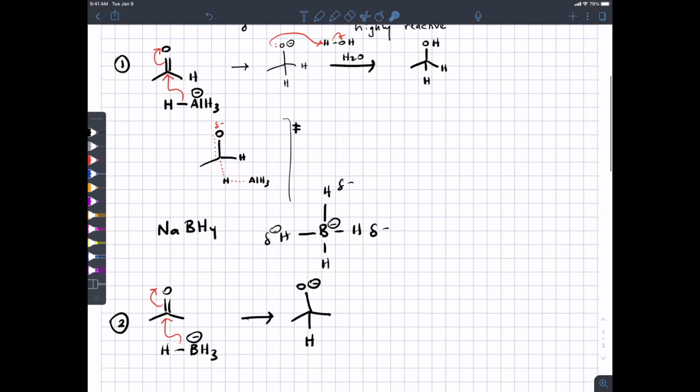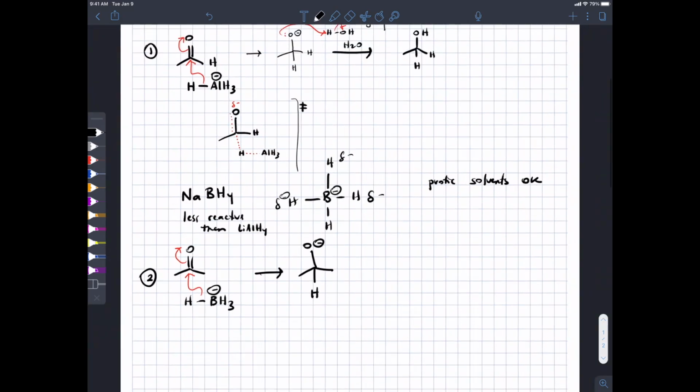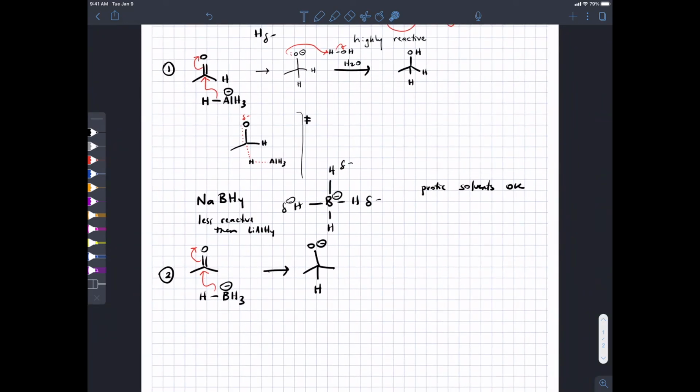With sodium borohydride, it's less reactive than lithium aluminum hydride. So this is not something that we necessarily are going to explain, but you can use protic solvents. That's a minor detail, but for aldehydes and ketones, you can use these reagents interchangeably.